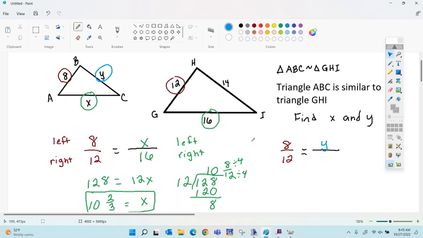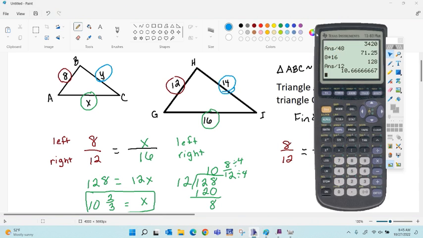Okay, thank you. So it's number 2. It's 14. 14 is in the same spot as the y. So y over 14, you can cross multiply to find that one.